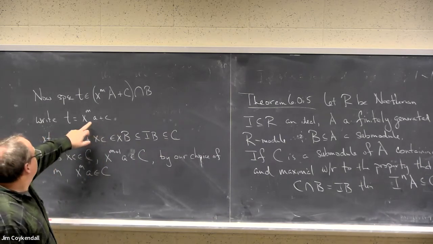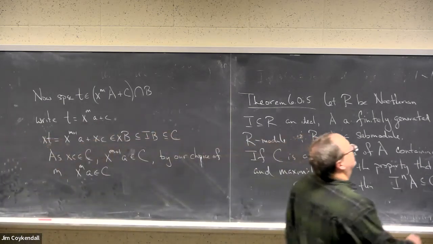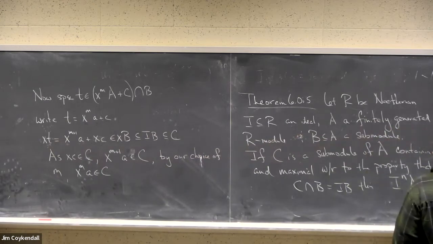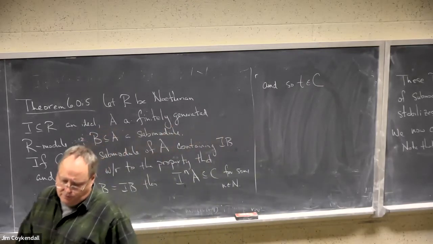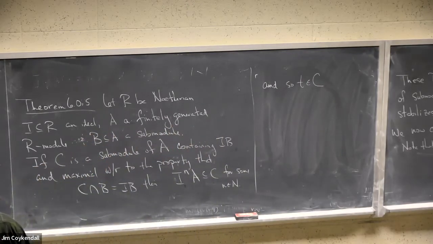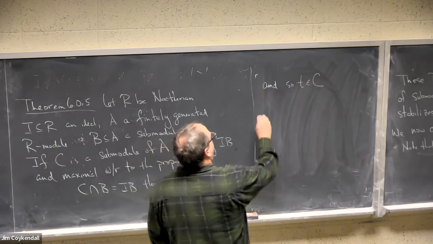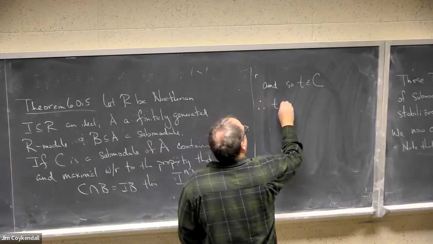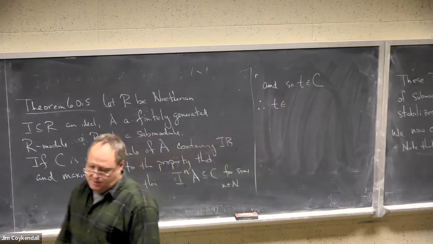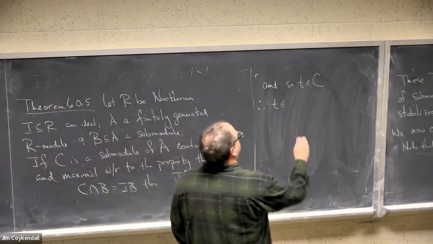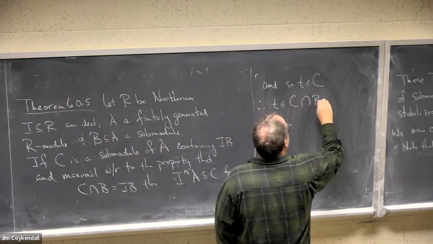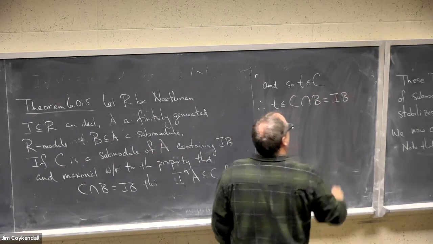Well, that's in C, and C is in C, of course. And so T is in C. Therefore, T is an element of B, and it's an element of C, which is IB.